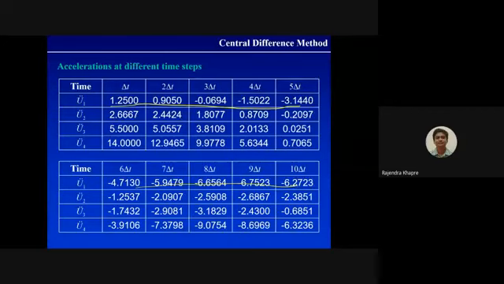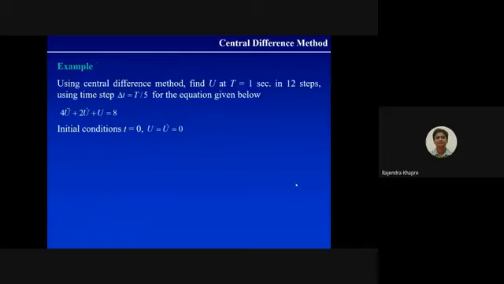Fortunately, in the examination, we never ask a 4 by 4 matrix, not even a 2 by 2 matrix, because it involves a lot of calculations. Generally, we go for only a 1 by 1 matrix, and the number of steps is also restricted because of the time constraint. So let us solve a simple 1 by 1 problem today itself.